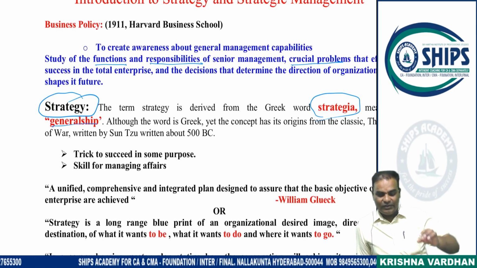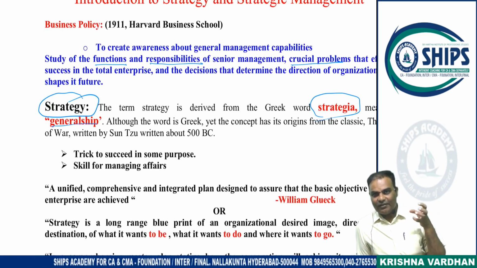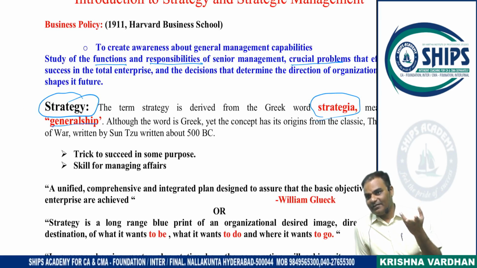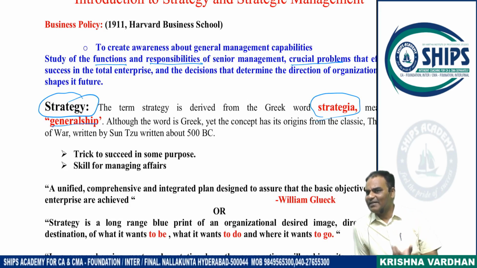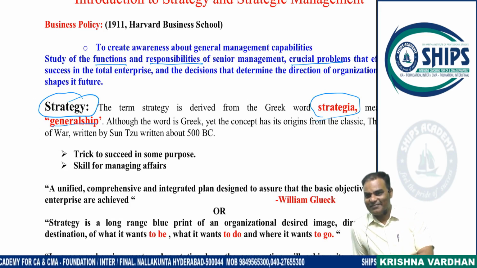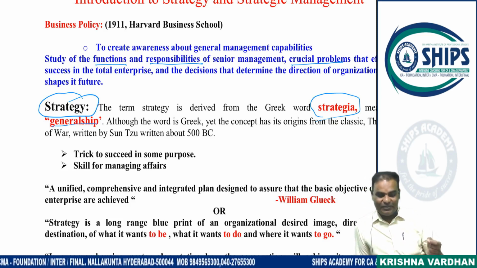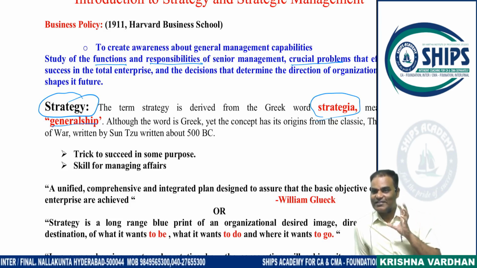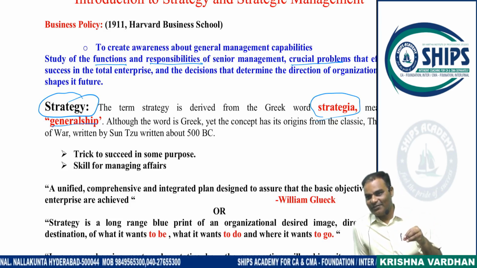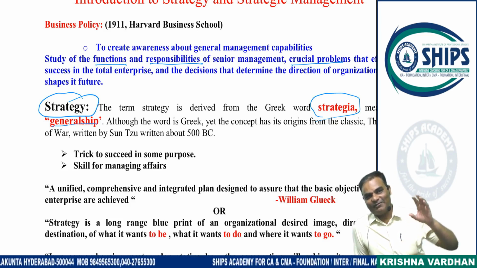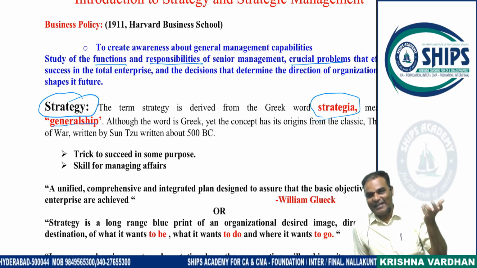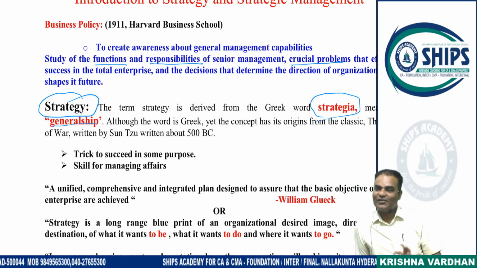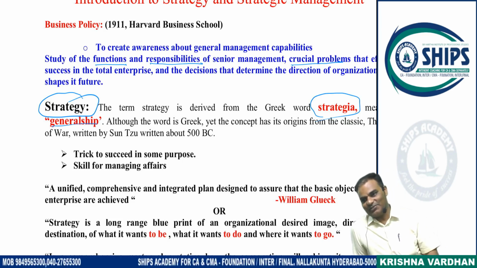The concept of defeating the enemy is a similar scenario you will find even in business. Here the enemies are your competitors. So they felt, yes, in business terminology also we can use this term. That is how soon after the World War, the concept of business policy transformed itself into a subject called strategic management.